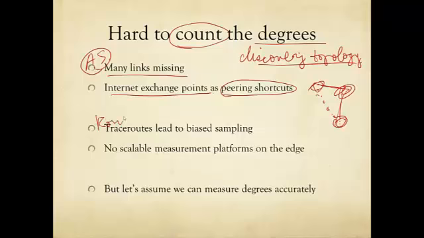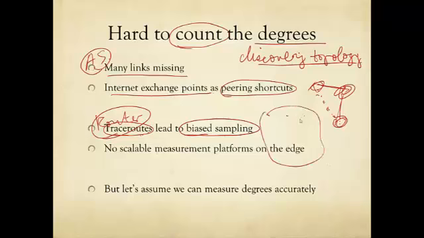Now, what about the router level graph with physical links that we are focusing on today? Often the topology is estimated or inferred based on some measurements. These are limited measurements called, say, trace routes. But it's also widely reported that because of the protocol details, trace routes often lead to biased sampling. In other words, in a huge network with many nodes and many links, a lot of links are not properly recorded by this measurement methodology.